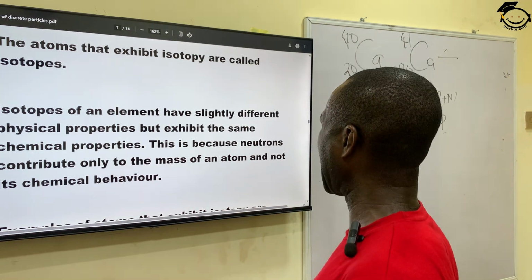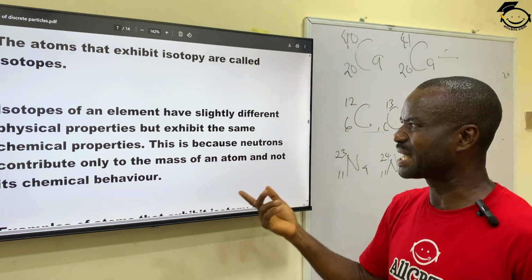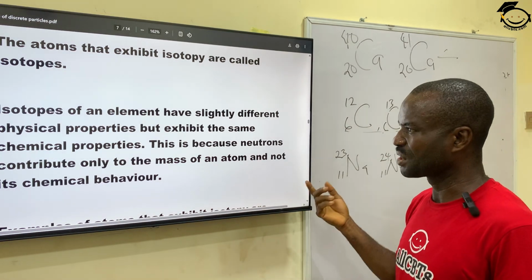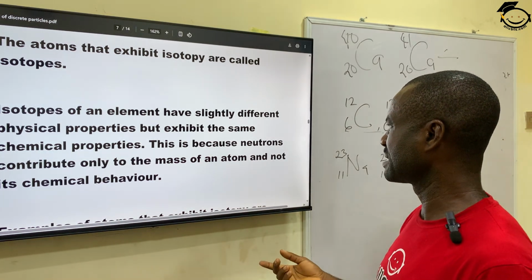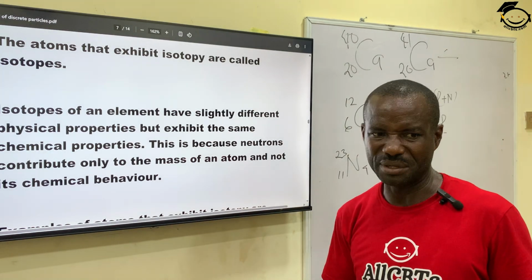Isotopes of an element have slightly different physical properties, but exhibit the same chemical property. This is because the neutron contributes only to the mass of an atom and not its chemical behavior.